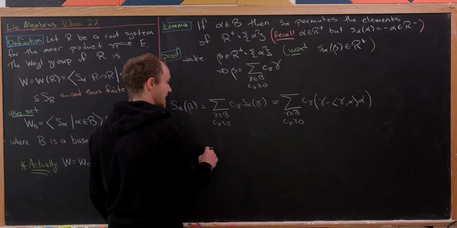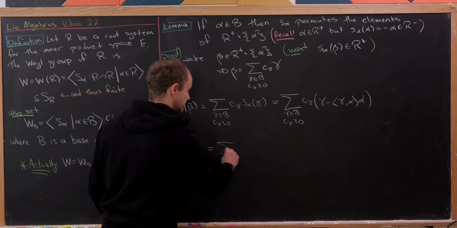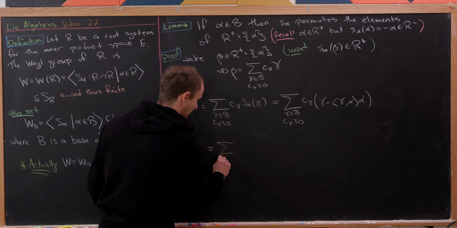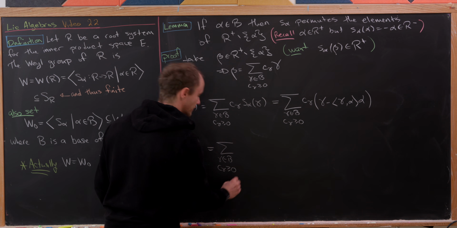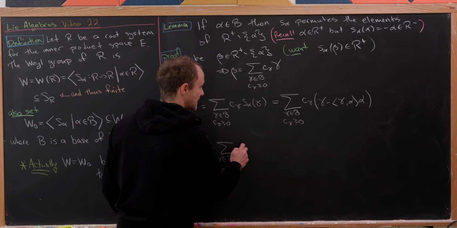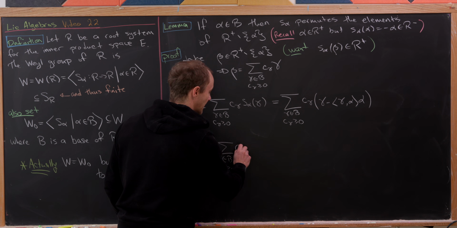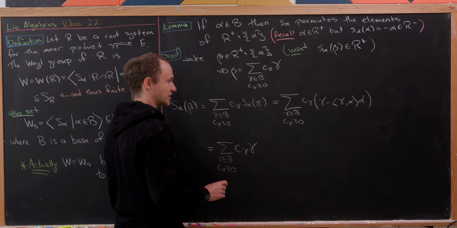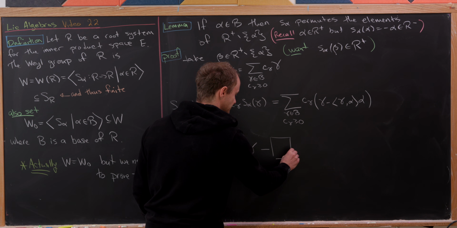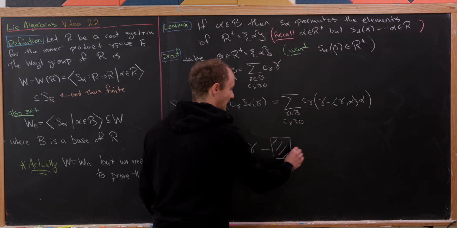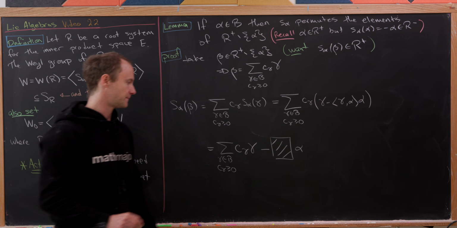So notice that I can split this into the sum over gamma in B with C gamma bigger than or equal to 0 of C gamma in the gamma direction, and then minus a bunch of other stuff that I'll just put in this big box times alpha.